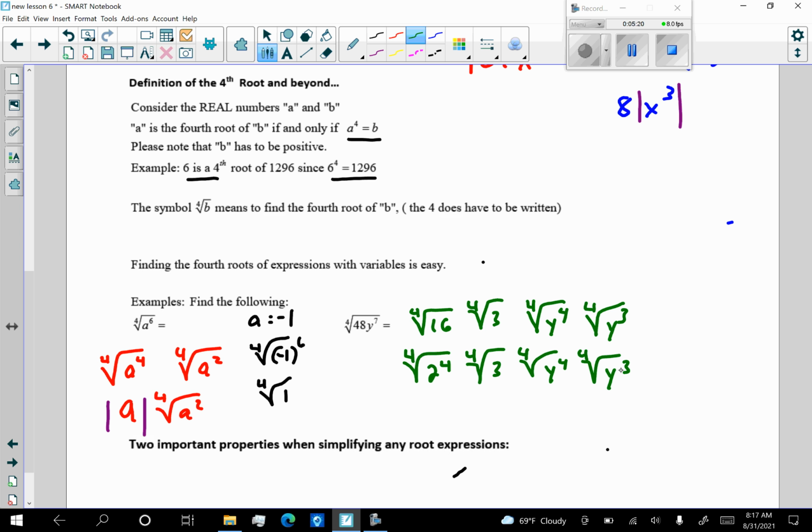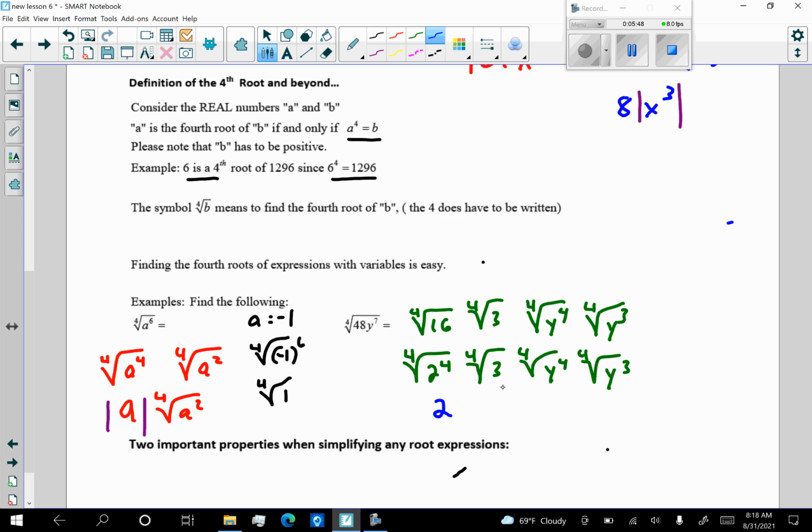And now I'm going to reach in there and simplify the fourth roots that I can. It's basically asking yourself a question. What raised to the fourth power is 2 to the fourth? It sounds almost like a silly question. Well, 2. So this guy here is 2.